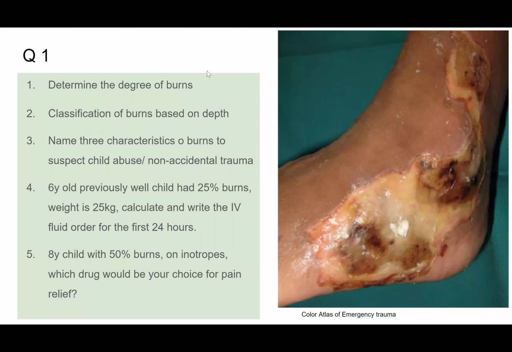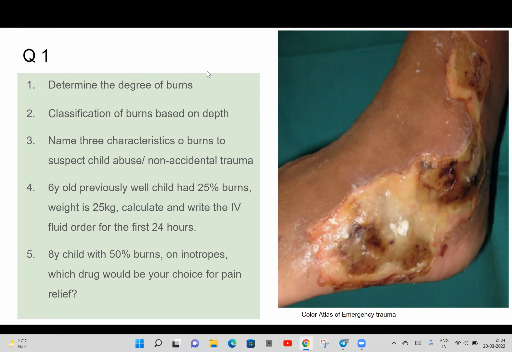How much is it? 25%. 2.5 liter, and plus maintenance. Okay. How did you write the orders? First 8 hours 50%, next 16 hours 50%. Is it a glucose containing fluid or what fluid did you add?